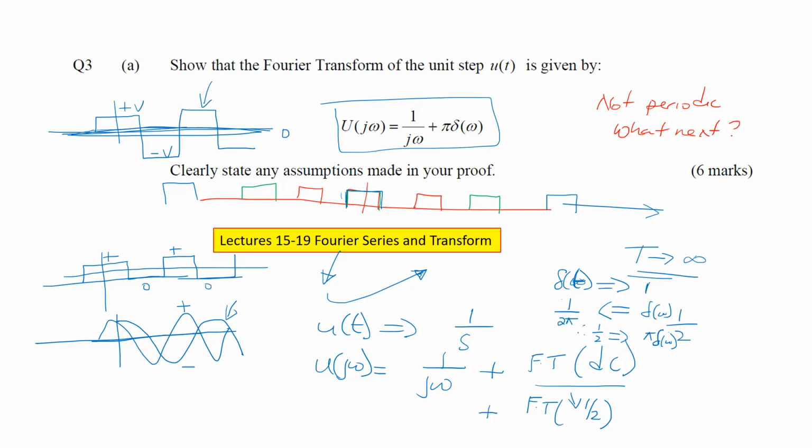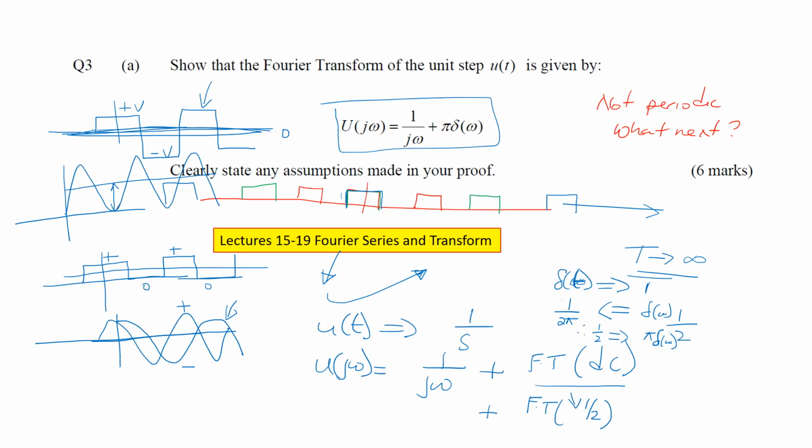If it has a DC component, then when you replace S with j omega, there's something else that is going to have to be done. For argument's sake, if I were to give you something looking like this, this is a sinusoid, but it is a sinusoid that has a DC component on it.